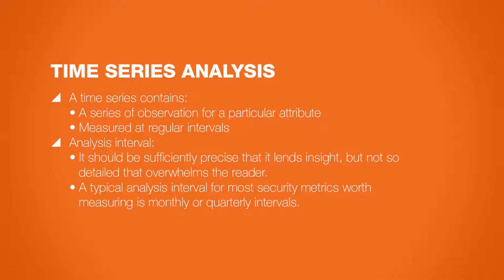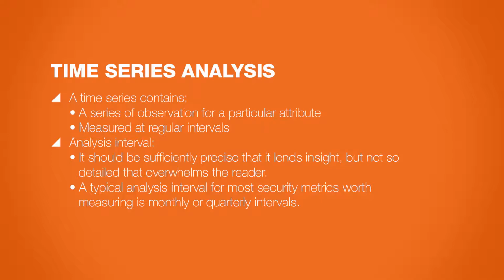Time series are generally grouped and aggregated by a desired analysis interval, such as hourly, daily, weekly, or monthly, depending on the data frequency and the granularity of the analysis efforts. The analysis interval should be sufficiently precise that it lends insight, but not so detailed that it overwhelms the reader.